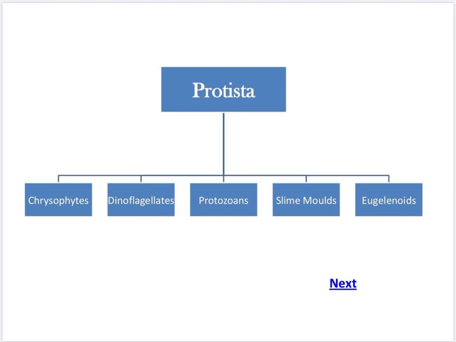So we go to Kingdom Protista. Unicellular eukaryotic organisms are placed under Protista. So Protistans are eukaryotic unicellular organisms. But the boundaries of this kingdom are not well defined. So it acts as a connecting link.